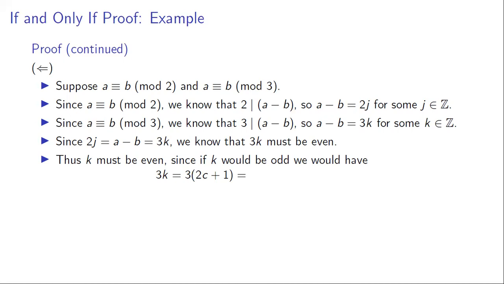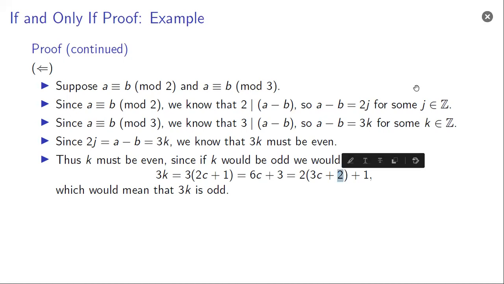So it would be 6c plus 3, which is 2 times 3c plus 1, which would mean that 3k would be odd. I'm sorry, this should actually be a 1.